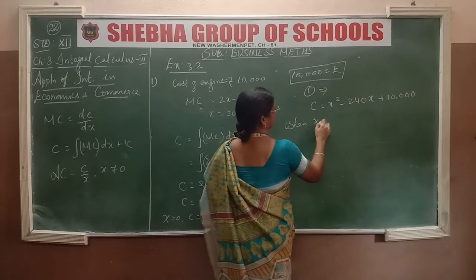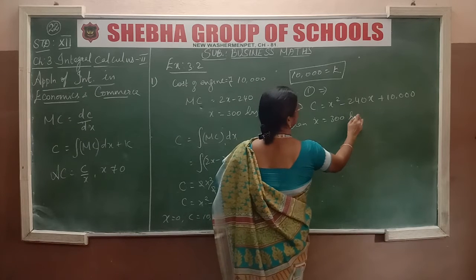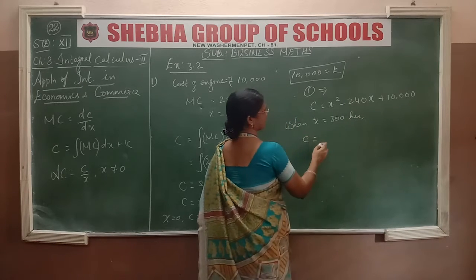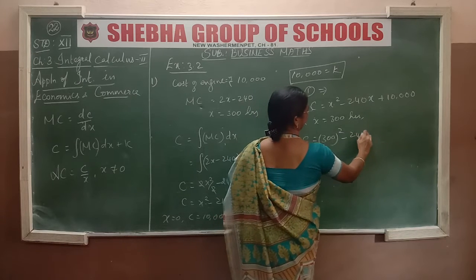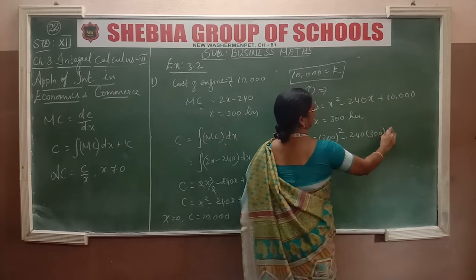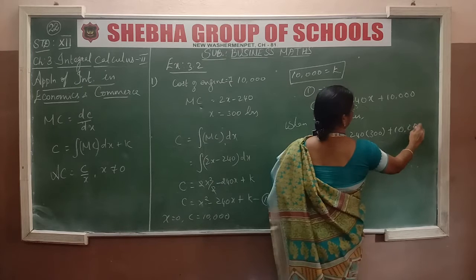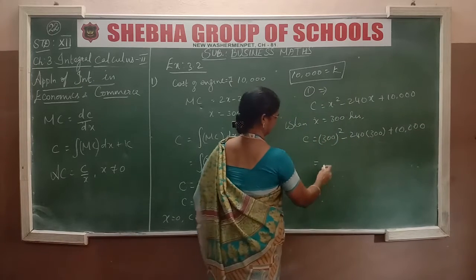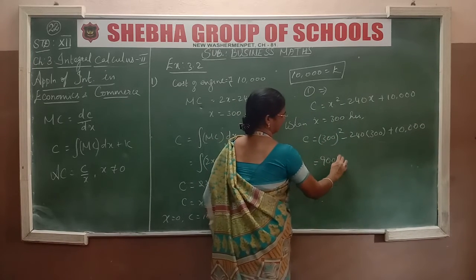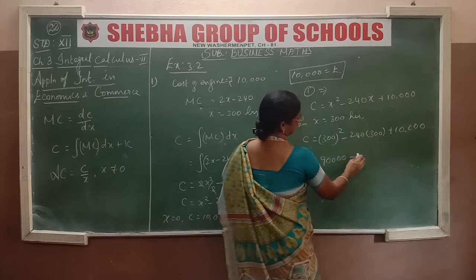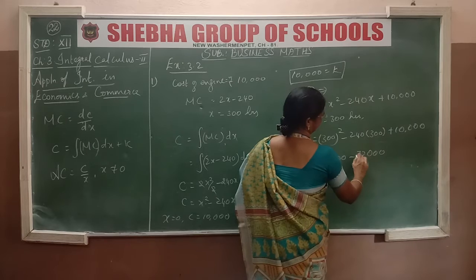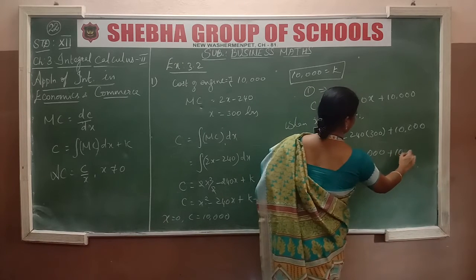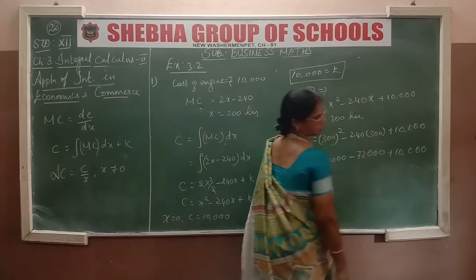Now when x is equal to 300 hours, our cost is 300 square minus 240 into 300 plus 10,000. 3 threes are 9 and 4 zeros, minus 72 (thousand), plus 10,000.